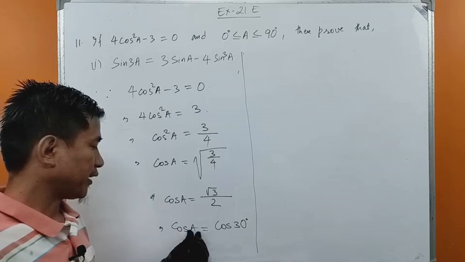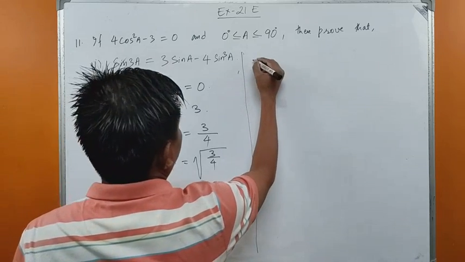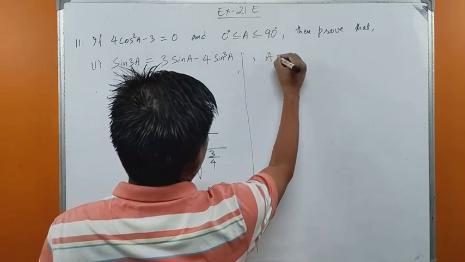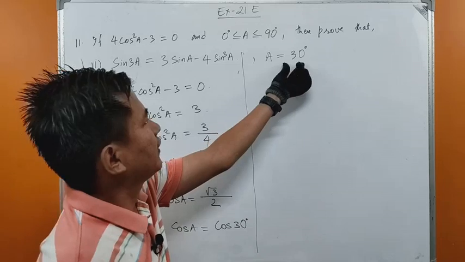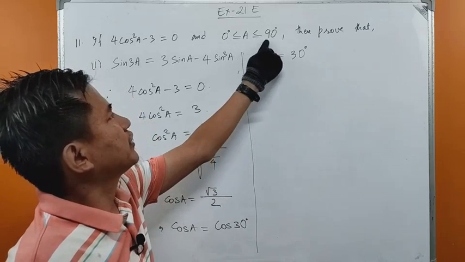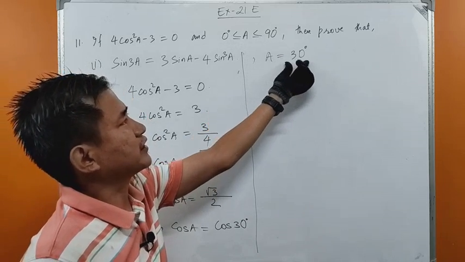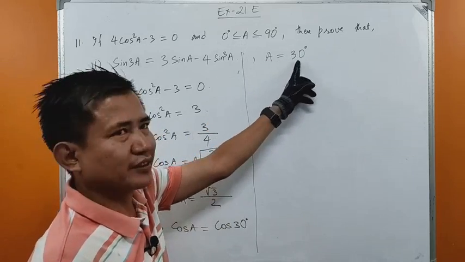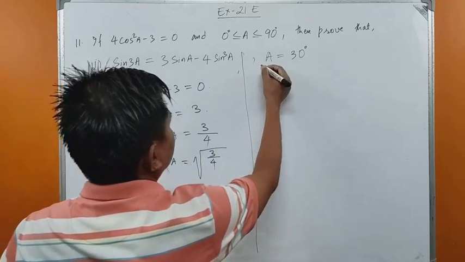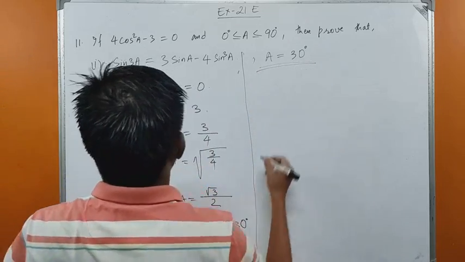So here we have A equals 30 degree. Now we found the value of angle A. Angle A lies between 0 degree and 90 degree, so A is 30 degree, which is greater than 0 degree and lesser than 90 degree. So we found the value of angle A. Now we will prove this.